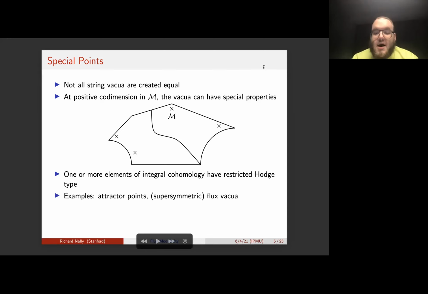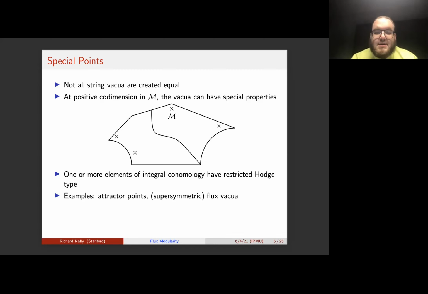While every choice of values of psi and phi gives you a Ricci flat Kähler manifold, not all of these are the same. At positive codimension in complex structure moduli space, the resulting solutions can have some special properties. The prototypical examples of this are the attractor mechanism and flux vacua.